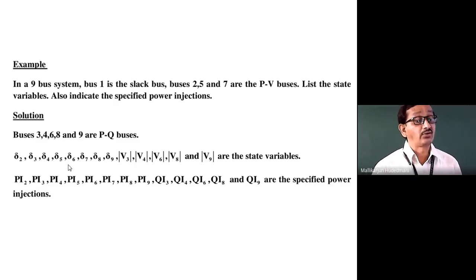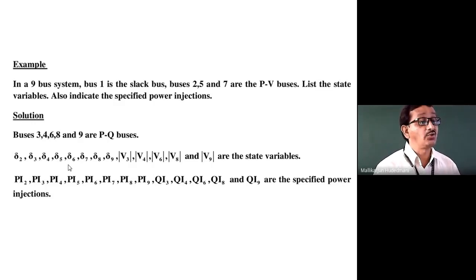Of course, I have not been given a single line diagram. I have been given a presentation by text, and I will be able to recognize what that means. Then, looking at this, you dimensionalize the problem. How many deltas are unknown to you in this problem? In this problem, total buses are 9. Leave the slack bus.